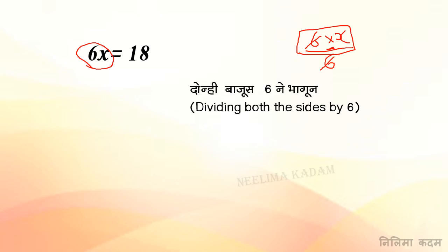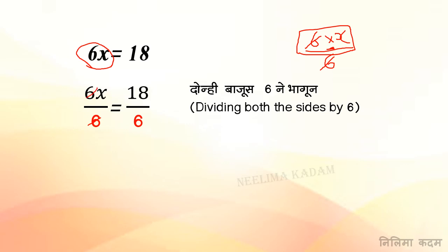So write this sentence: dividing both the sides by 6. This is very important. You have to write which operation you have done. So 6x as it is, and on the right hand side 18 as it is. You are dividing the left hand side by 6, therefore the right hand side also you have to divide by 6.